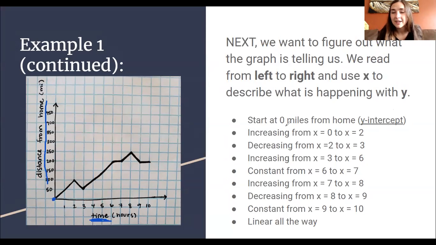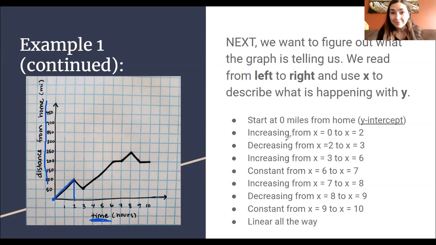Okay, 0 miles from home, that's our y-intercept. You can see here. Now we're going to increase from x equals 0 to x equals 2. Throughout that time, the graph is increasing. It's puff, puff, positive. You remember that from Slope Tube, right?